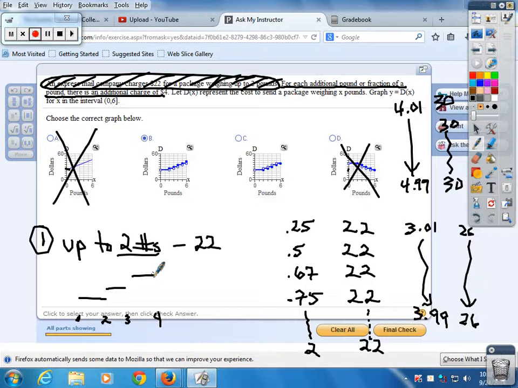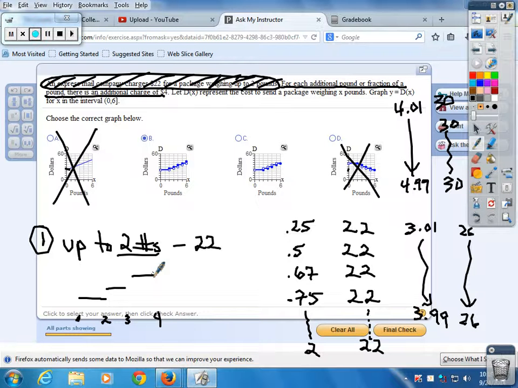So now we just got to think about the circles. Now you're buying up to $4.99, right? Or buying up to $3.99. But do you actually, on the bottom end, get the 4 pounds here? No. So that way you'll have an open circle.